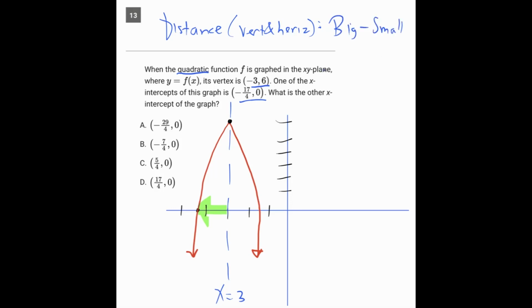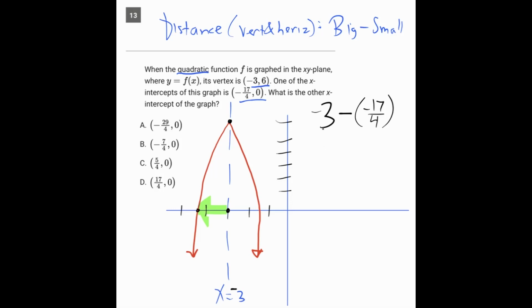That can be a little more confusing when you're dealing with negative numbers, and that's actually -3 right there. So you need to do the big number minus the small number. So that's -3 minus the -17/4.